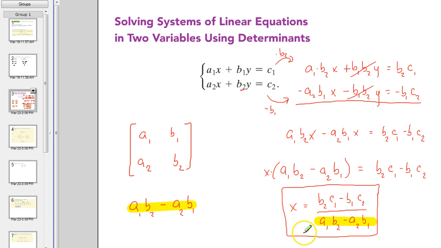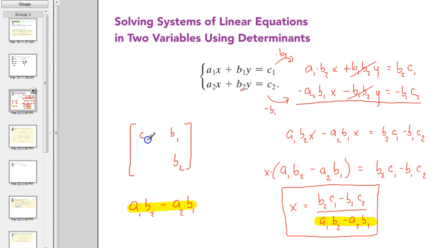Now, interestingly enough, the numerator is also a determinant, but it's a little bit trickier to see. But B2, C1, B1, C2 has that kind of look too, where the numbers kind of flip-flop. Well, where that's going to come from, this B2, C1, B1, C2, it's going to come from replacing A1 and A2 right here in this original matrix with C1 and C2, the original right-hand side.